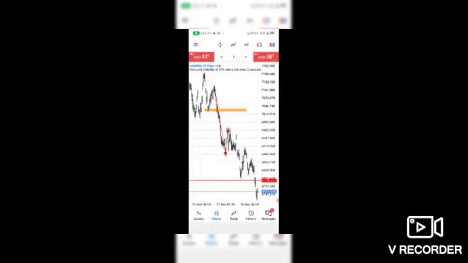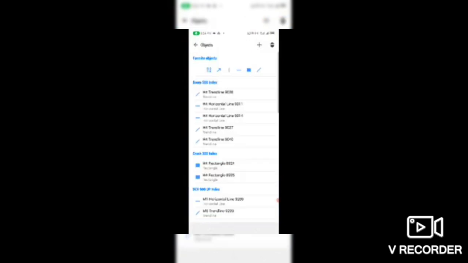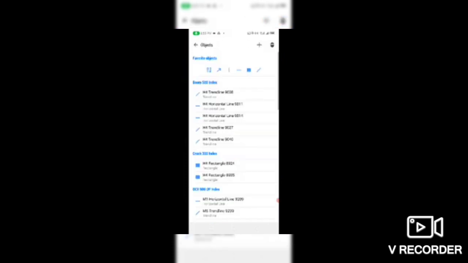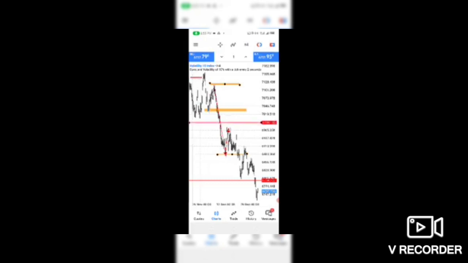The 3 points here are: first, the 2 points, the origin and destination, and then the third point, which I will represent with a horizontal line. The third point is what we are targeting; it should be our entry.